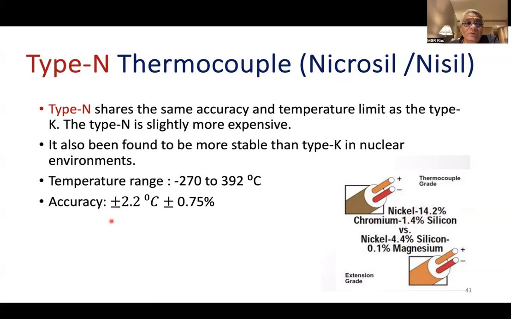It is also found to be more suitable than type K, especially when it comes to the usage of this thermocouple in nuclear environments. Temperature range is minus 270 to 390 degrees centigrade. These are the accuracies given there.